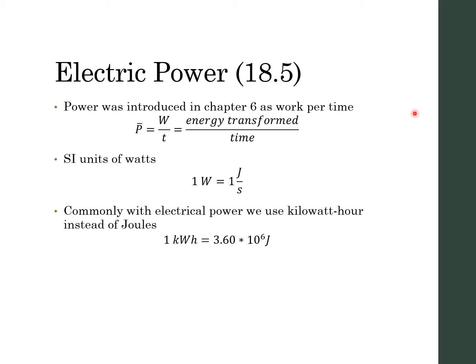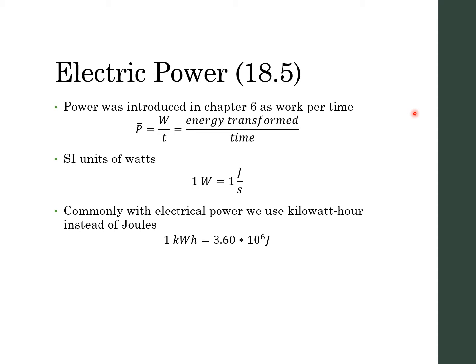So when you have an electric bill, it's measured in kilowatt hours instead of being measured in joules. They are both measurements of energy, but they're not explicitly the same value.